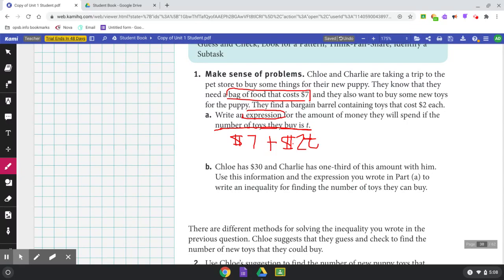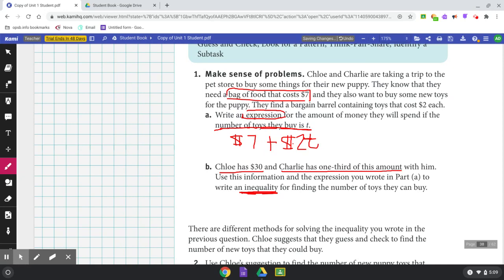Part B. Chloe has $30 and Charlie has 1/3 of this amount with him. Use this information and the expression that you wrote in part A to write an inequality. So we're going to have an inequality symbol for finding the number of toys that they can buy. So now Charlie and Chloe know that they're going to spend $7 plus $2 times T. And they have a total of, Chloe has 30 and Charlie has 1/3 of 30.